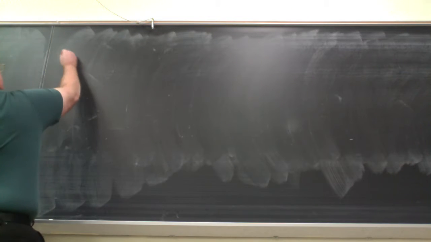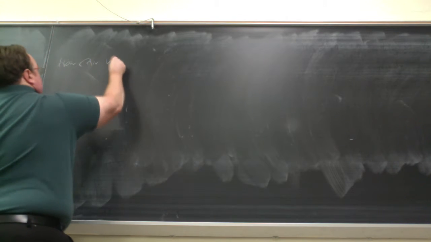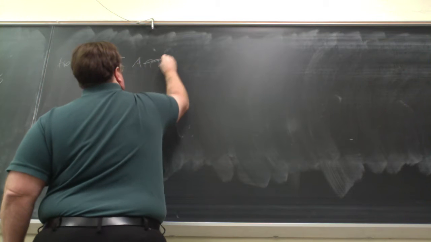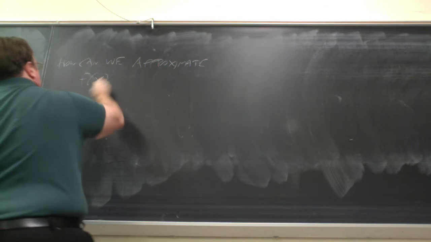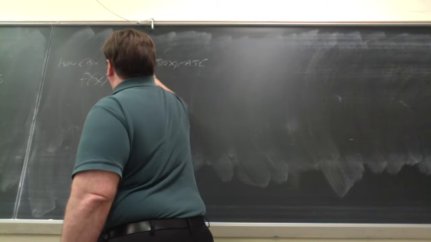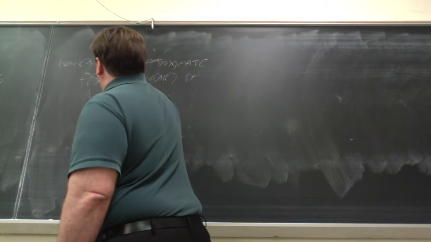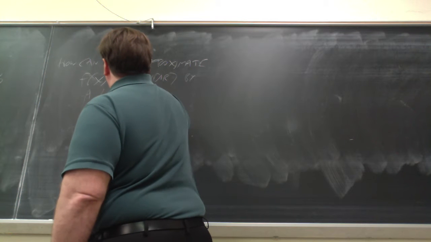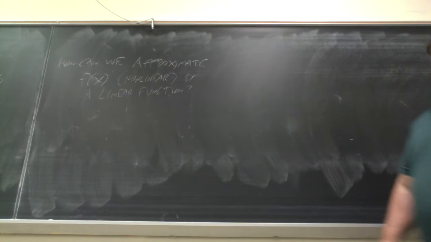For that, look at how we can approximate any given function f of x, assuming that f is nonlinear, by a linear function. What would be a sensible line that we could use?